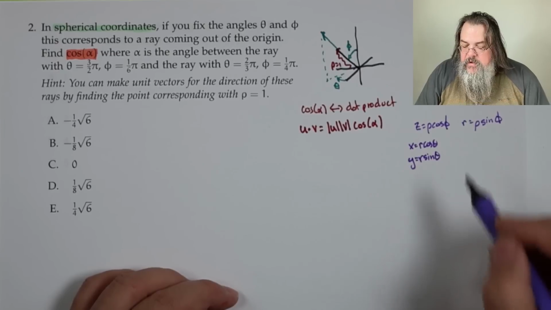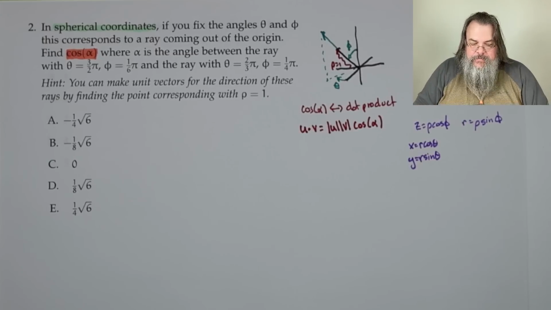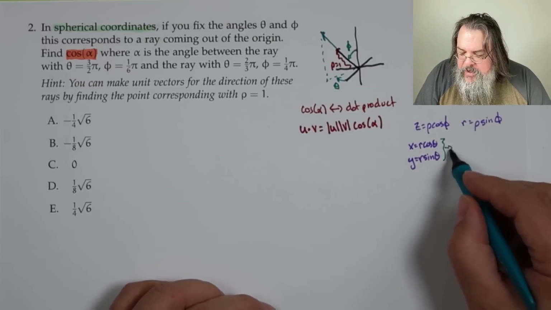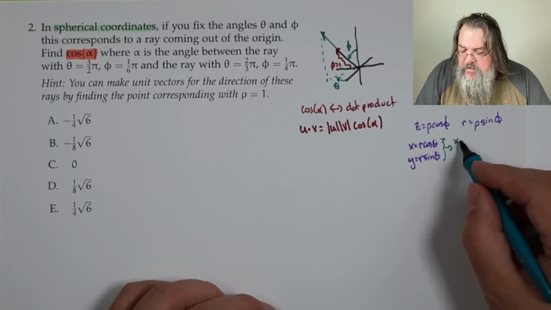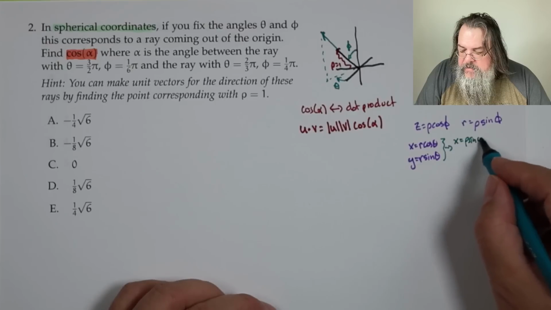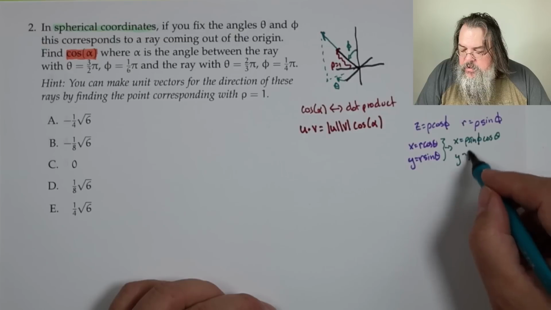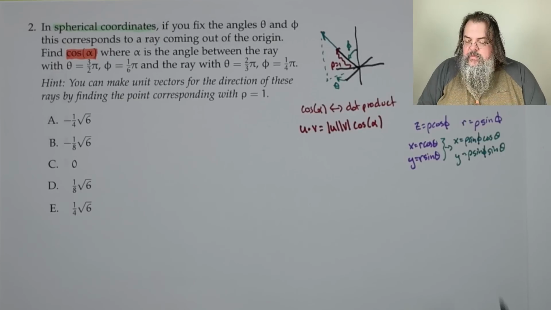So all of these we have at our fingertips on our formula sheet. And we can combine these to get things which are not quite on the formula sheet, but ready for us to combine, right? Because we see r and we see r. So we get that x is rho sine phi cosine theta, and y, that's rho sine phi sine theta. So there's our x, y, z.